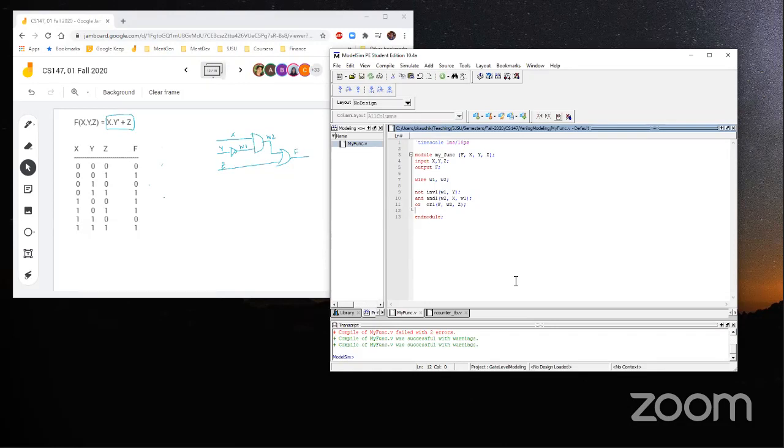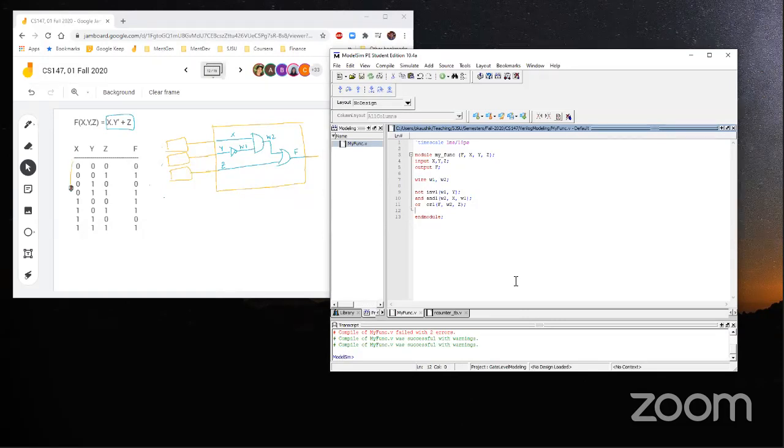Now a test bench means we will be enclosing or instantiating this circuit, and there will be some driver which will drive the input values.